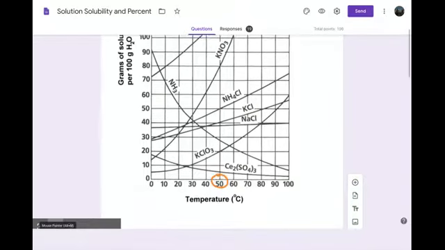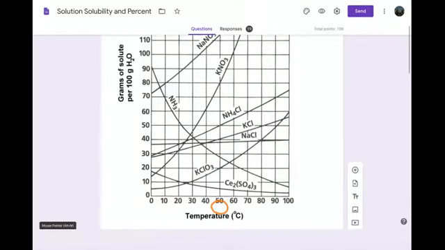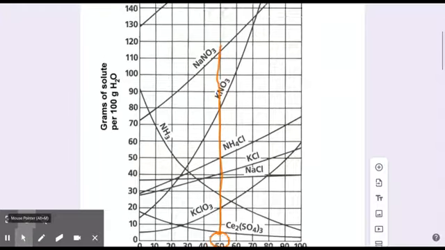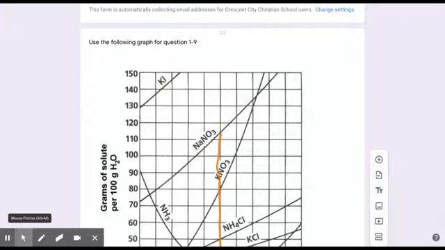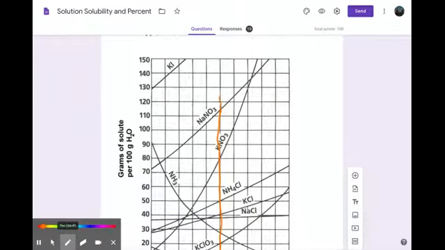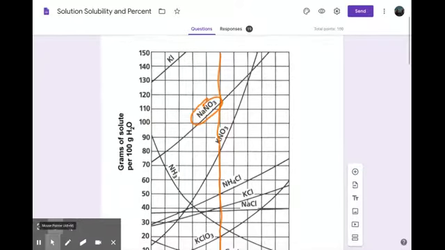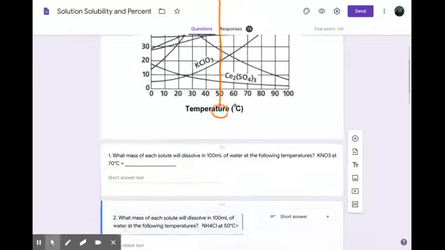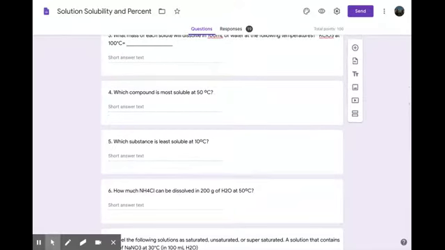The most soluble is the one on the top, the highest. So you draw a line all the way up. Which compound is highest? Sodium nitrate, NaNO3. So NaNO3 is the most soluble at 50 degrees Celsius on this table.